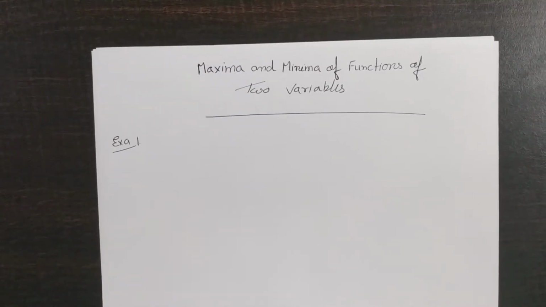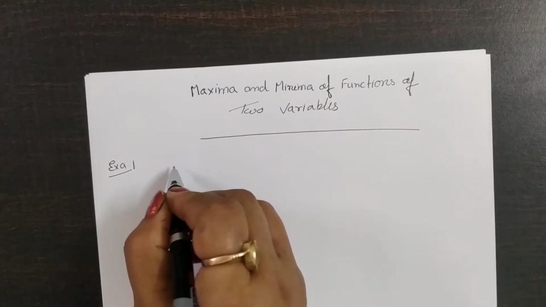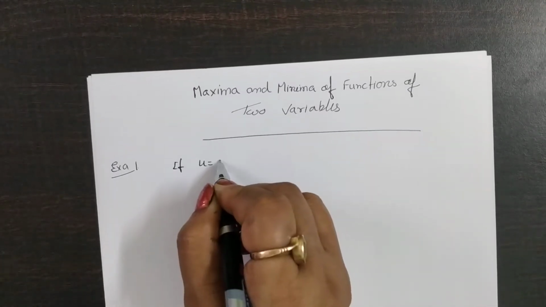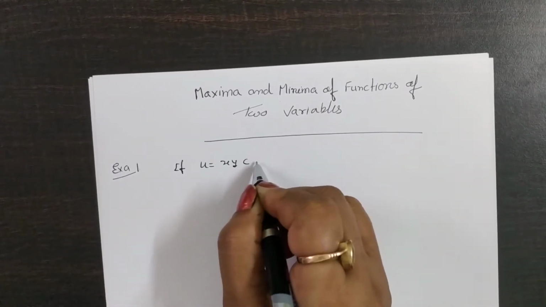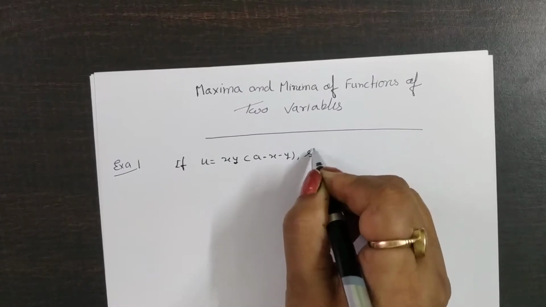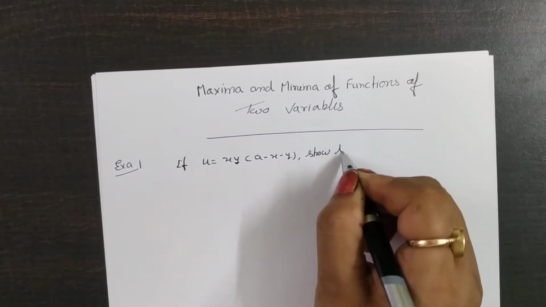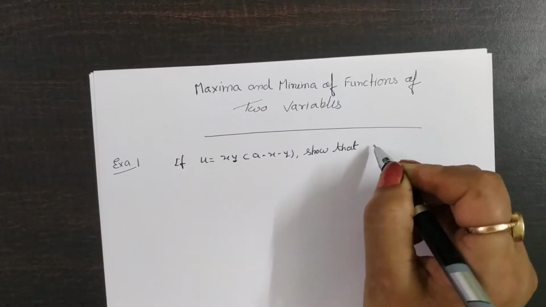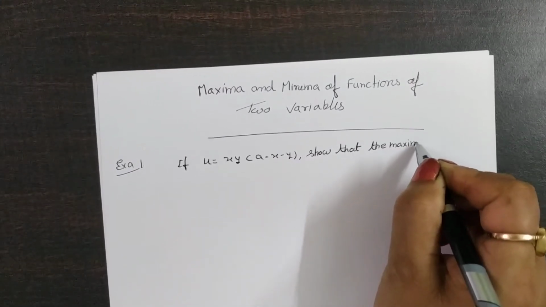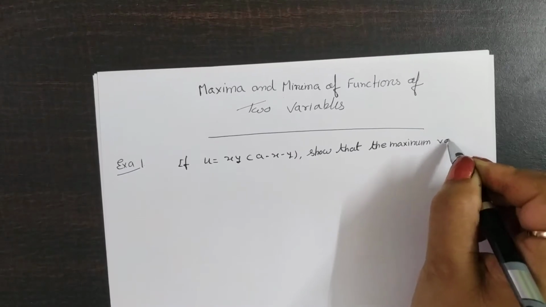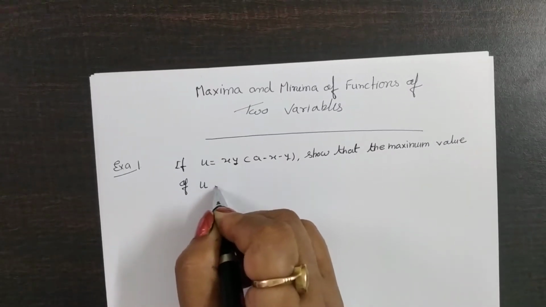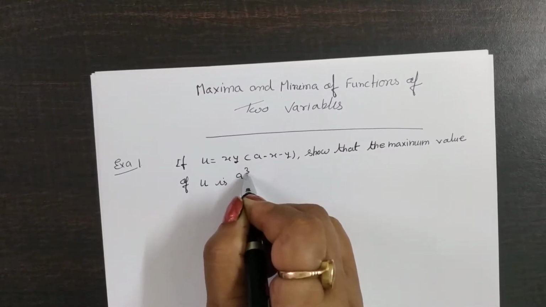So the problem is: if u is equal to xy(a minus x minus y), show that the maximum value of u is equal to a cube by 27.